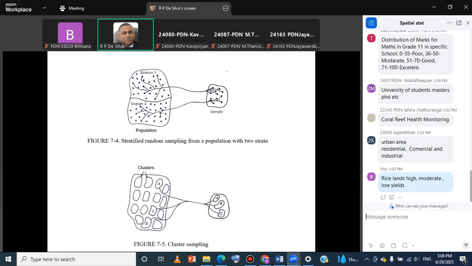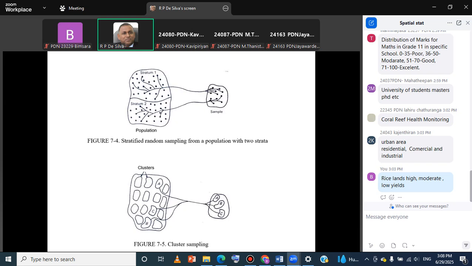You take random sampling from each strata and then you make your sample. In the second one, rather than strata, you have clusters, and you take the entire cluster into the observation. So you can do a cluster sampling.